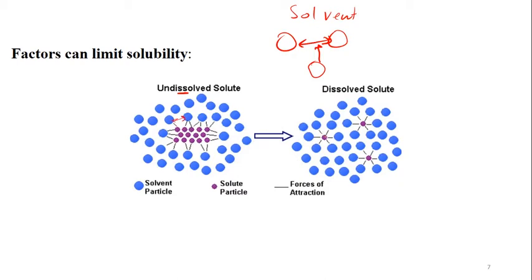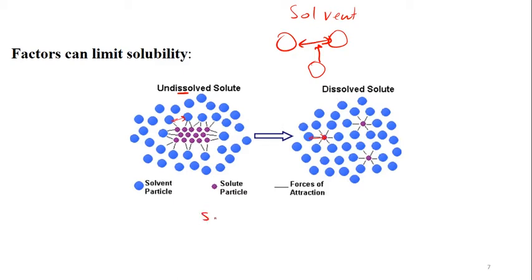But in the other case here, we could see that the particles of the solvent can break the bond between the particles of the solid and just replace them, and instead we will have solvent-solid attraction.